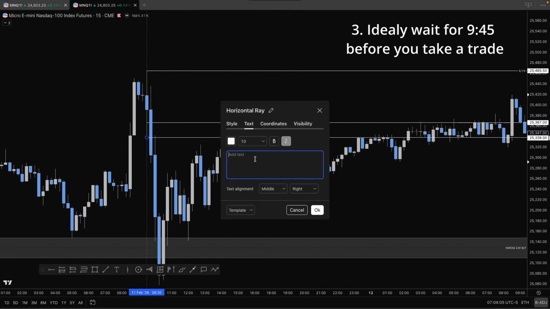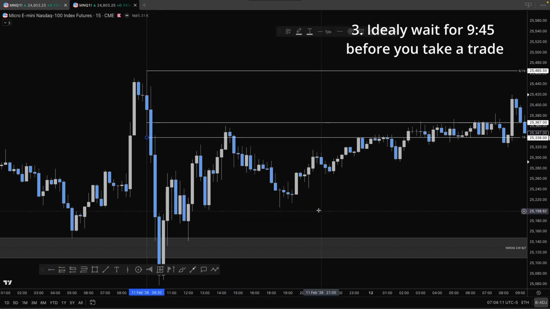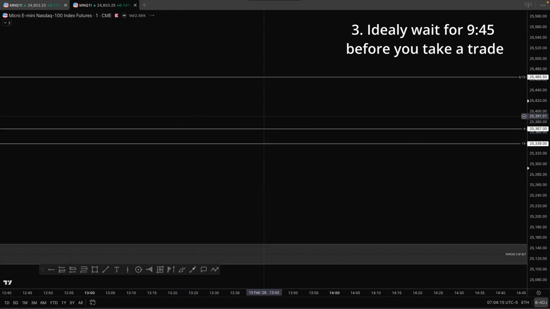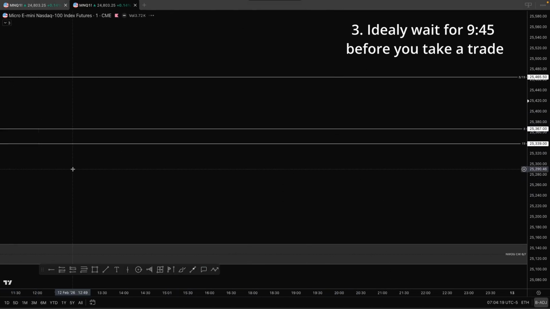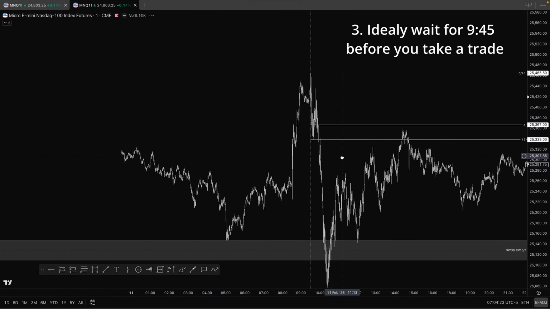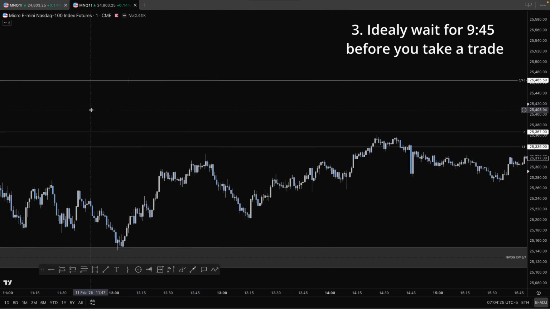So ideally you want to wait for 9:45 to take a trade. You could also take one after we make the 5-minute range. If we get a super clear entry, I would usually trade that, but yeah, as I said, not always.